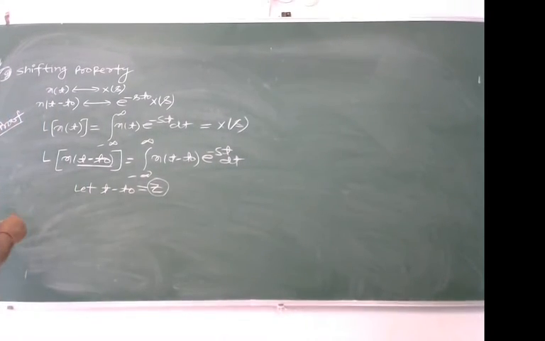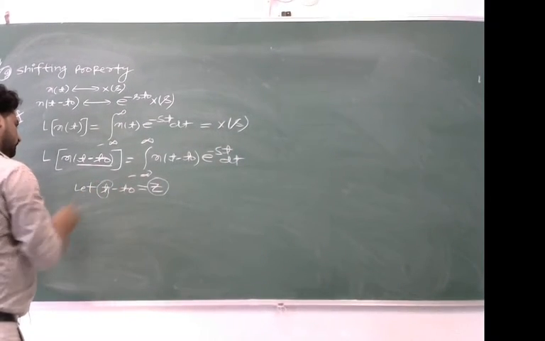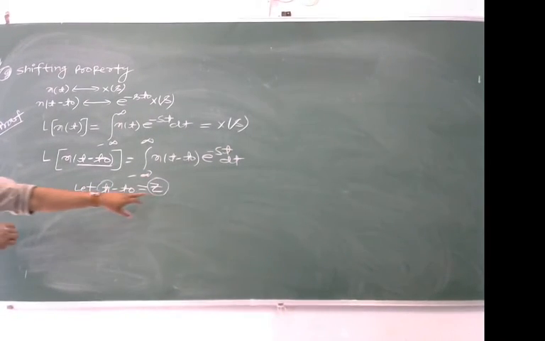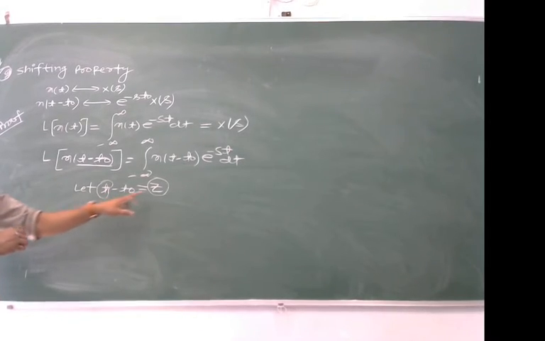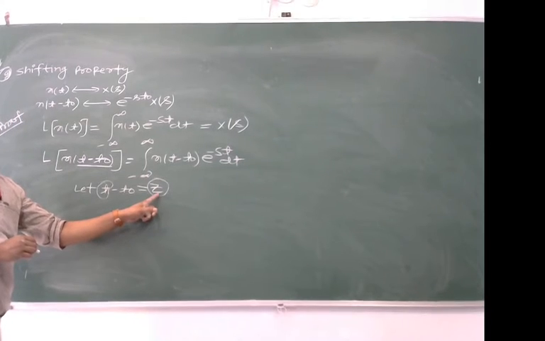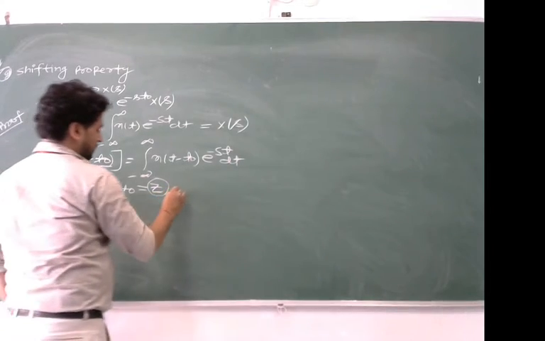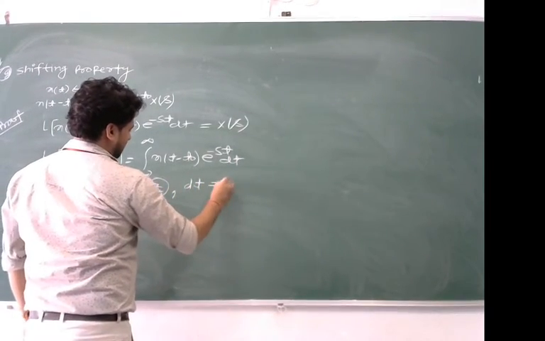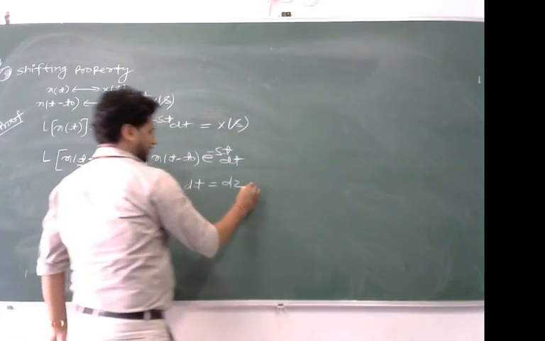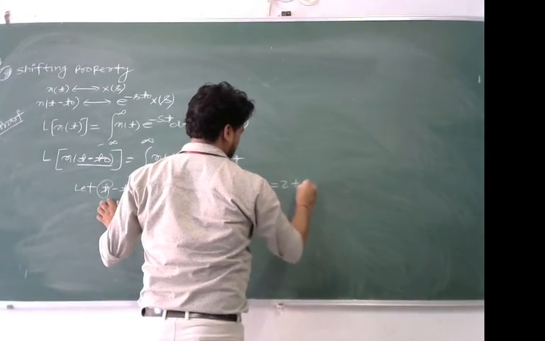When t becomes plus infinity, z will also become plus infinity. When t becomes minus infinity, z will also become minus infinity. So there is no change in the limit, and after differentiation we get dt equal to dz, and t will be equal to z plus t naught.